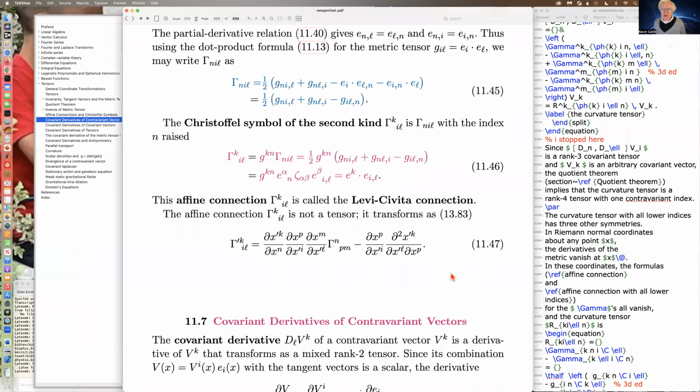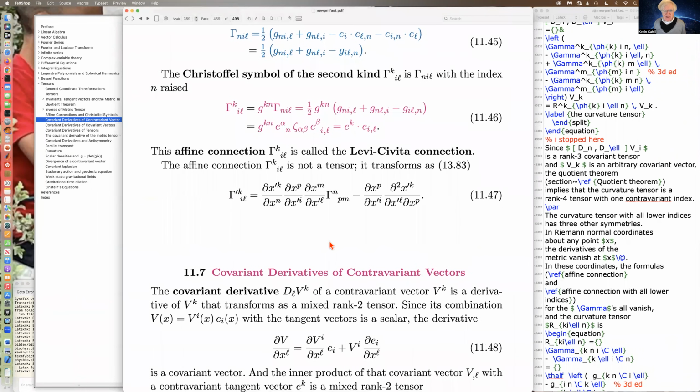Let me mention something that I skipped over. I probably mentioned it to you, but I didn't actually show you what the equation was. And it's basically that the affine connection, although it looks like a rank 3 tensor, is not a tensor.